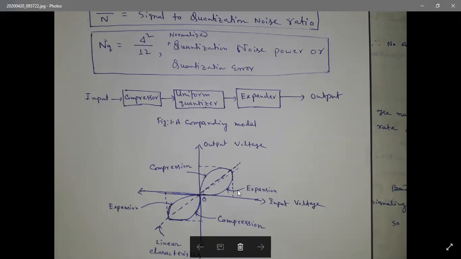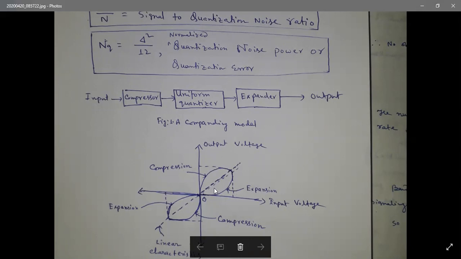If we draw the compression characteristic individually, the curve will look like this, and the expansion will be silent. When we explain the expansion characteristic individually, the compression remains silent, and the curve looks like that. Here we are representing the combination of compression and expansion.